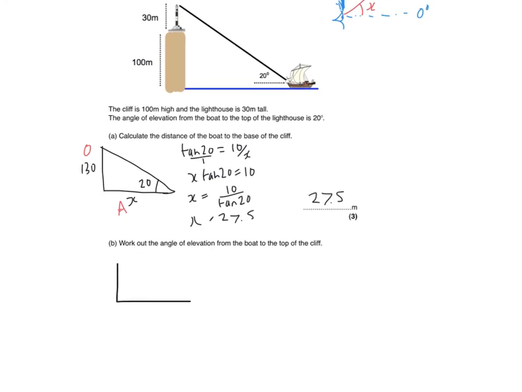The base of the cliff to the boat will be the same distance as we just worked out, although I'll use the accurate number in my calculator. The height is just going to the top of the cliff, so the height of this triangle is just 100 meters, and we don't know this distance here, although we don't really care either. We're looking for the angle of elevation. We're looking for this angle here, x.